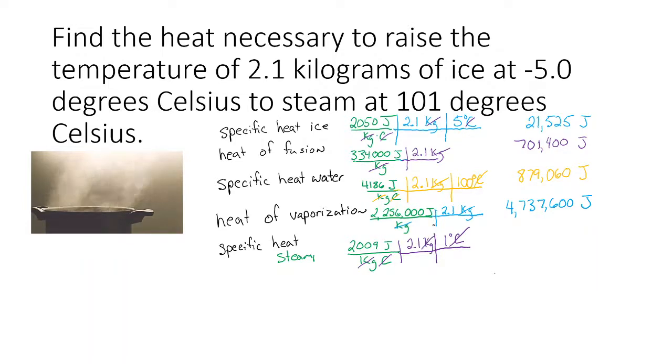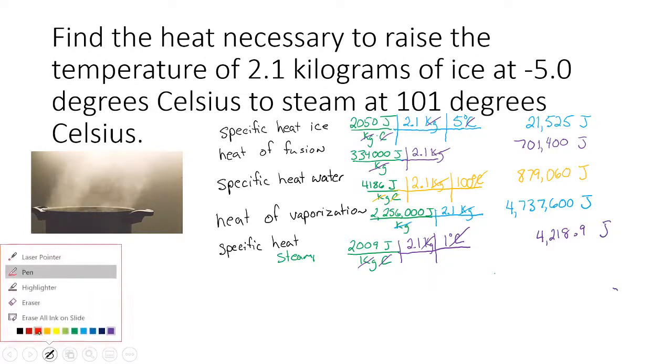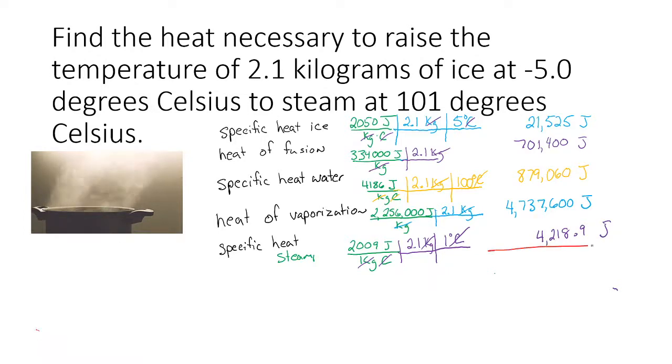And so now all we have to do is take 2009 and multiply it by our 2.1, and we get 4,218.9 joules. Okay, so now we'll add up all the values that we have for the energy, the heat energy that it takes to raise the temperature of this water.